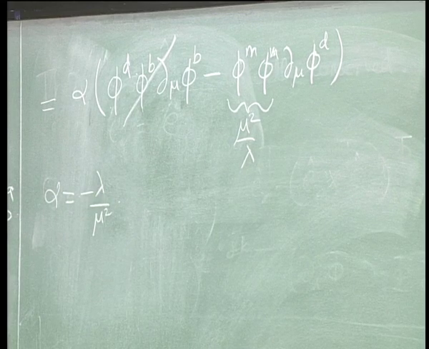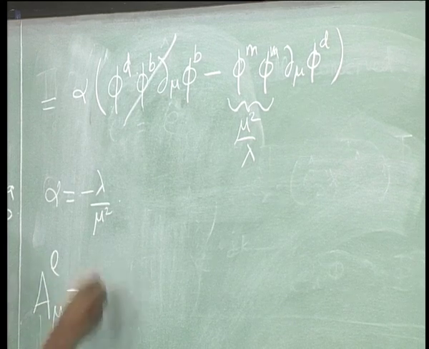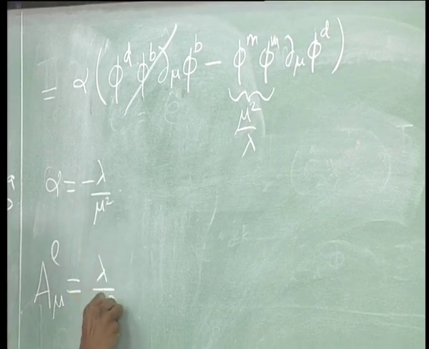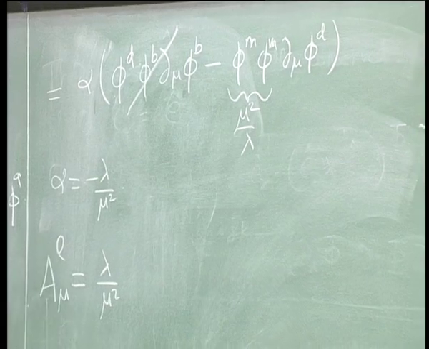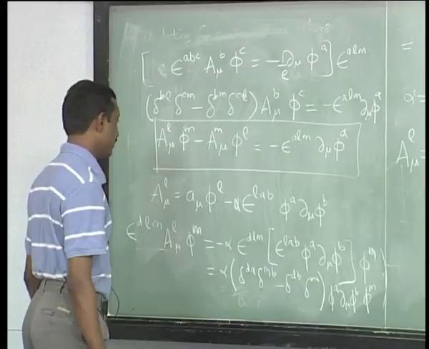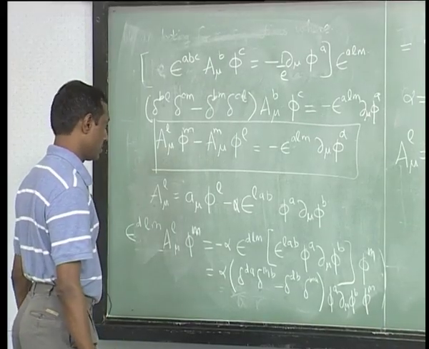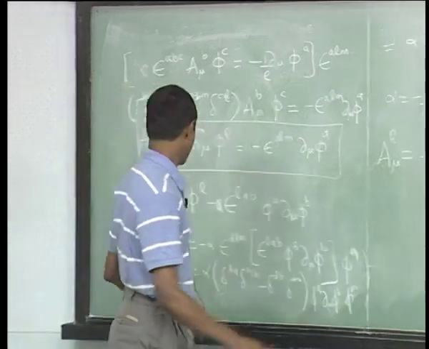Okay. So, now we can see that what we get is a mu L should be very nice lambda by mu square times.